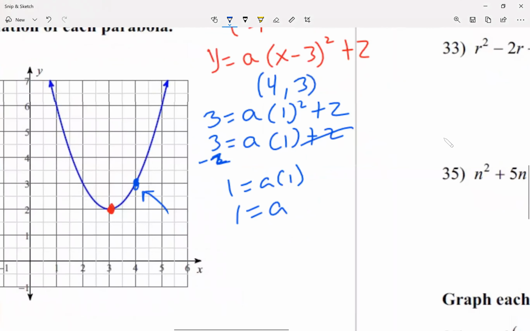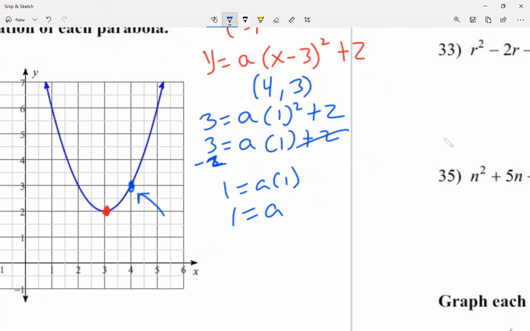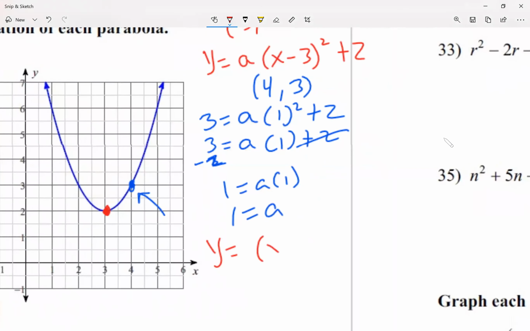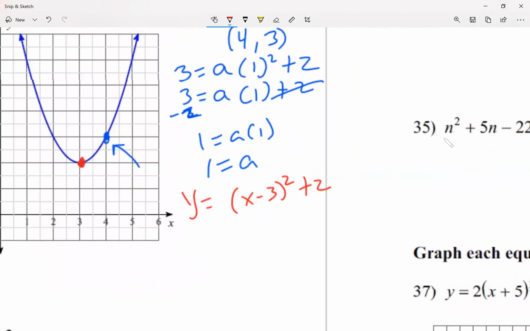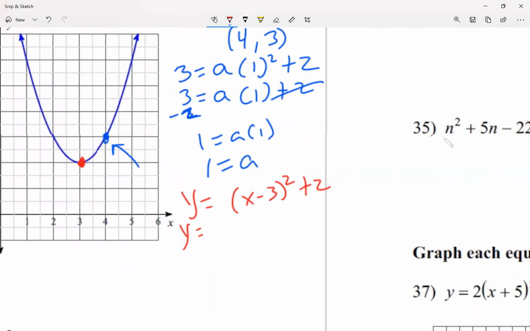Nice. If I was writing the vertex form, this goes in the form y equals, I don't have to write the 1. But I'm going to go x minus 3 squared plus 2. That's if I was writing the vertex form. But I need this in standard form. So let me get rid of parentheses. So I'm literally going to see this as y equals. My aperture, again, I don't write it.